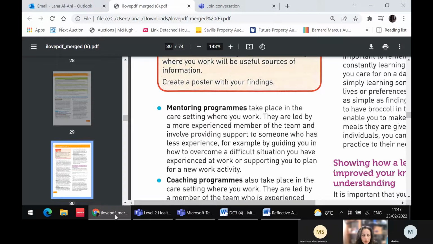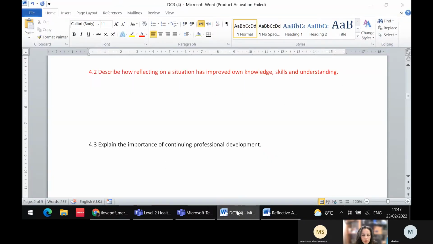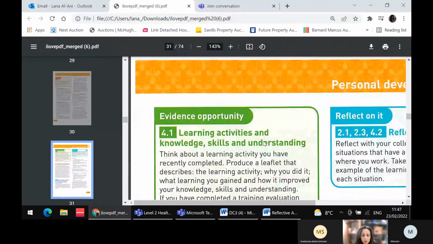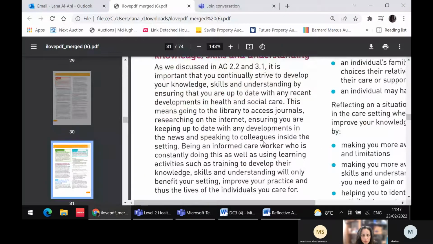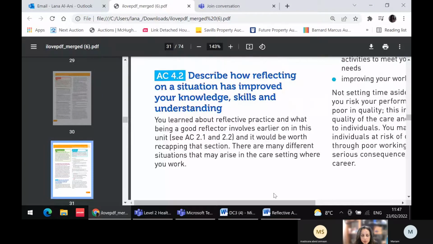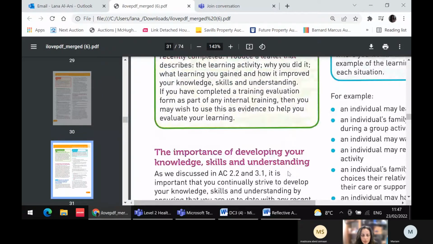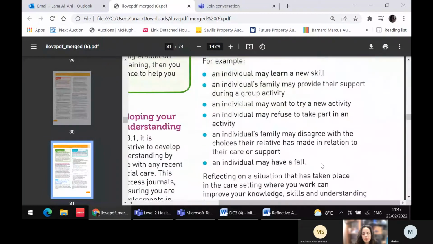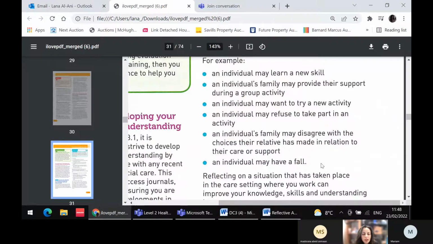Let us go to the question and see what the book has got here for us. 4.2. We have some examples here. An individual may learn new skills. An individual's family may provide their support. You may want to try new activities.